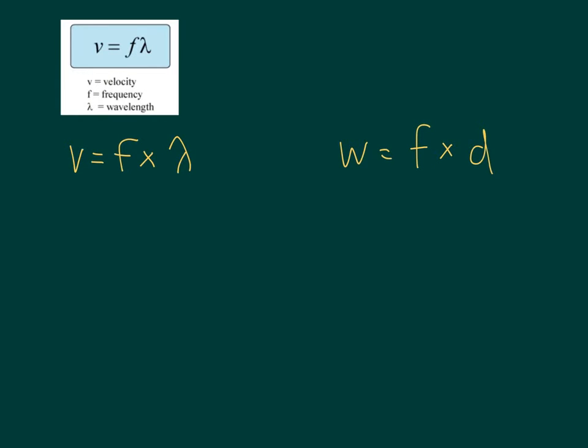In the last unit, we talked a lot about the relationship between force and distance. Because frequency and wavelength are set up in the same way in their formula, the same can be said about them.